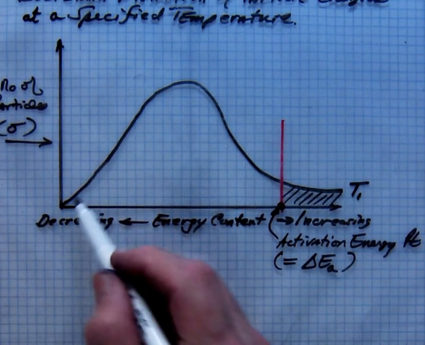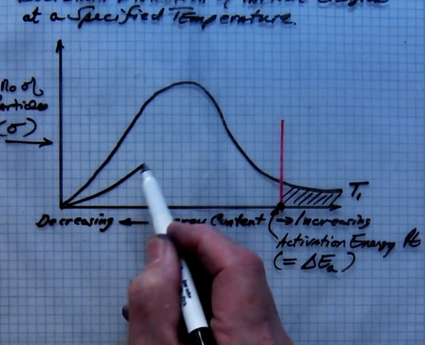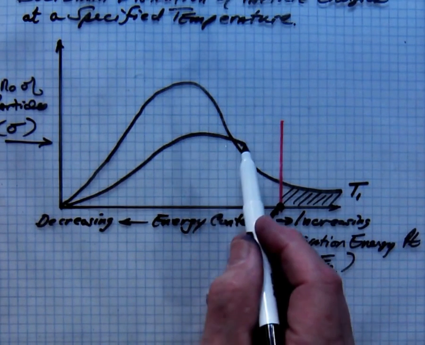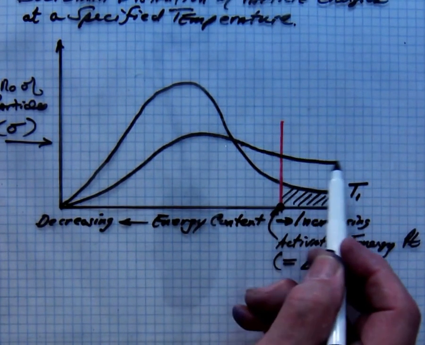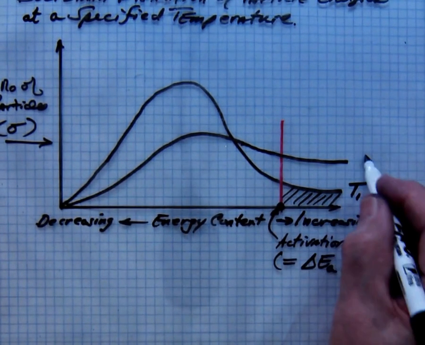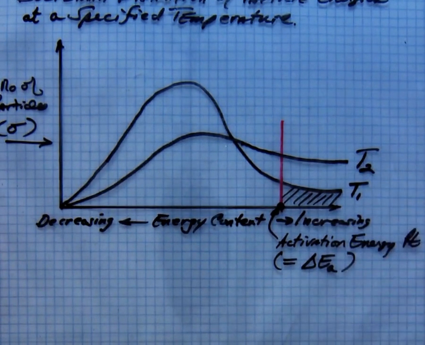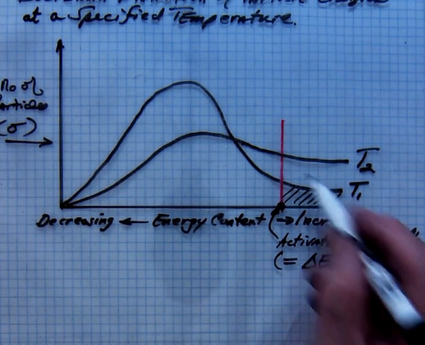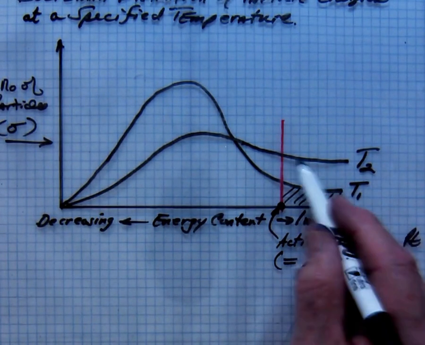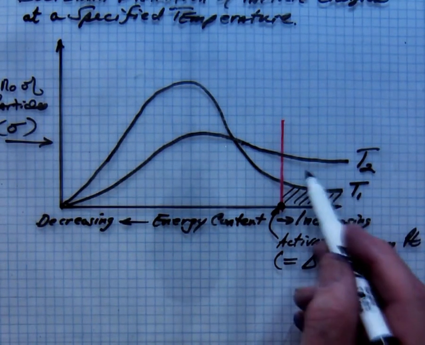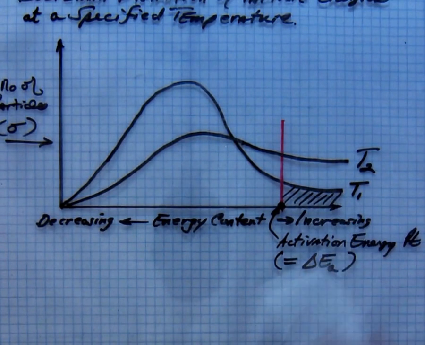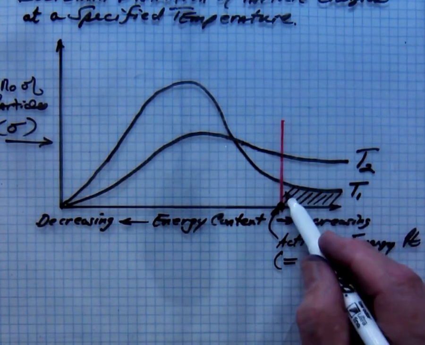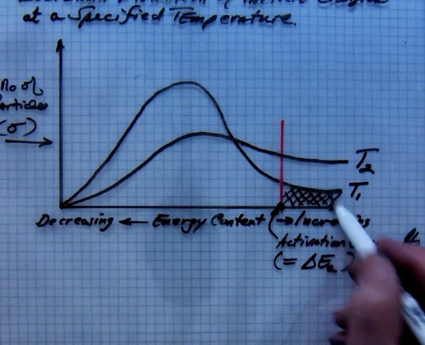So if we heat, we might generate a curve that would have this trend, like this, and we'll call that T2. Obviously T2 is greater than T1. Now we have the area under T2 along with the particles that were under T1 available for reaction.